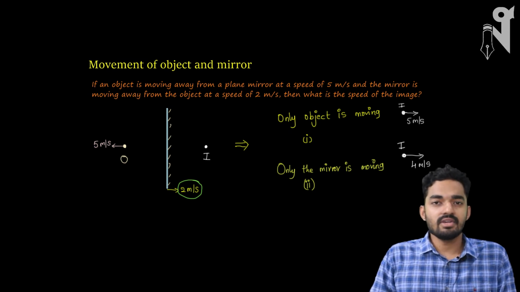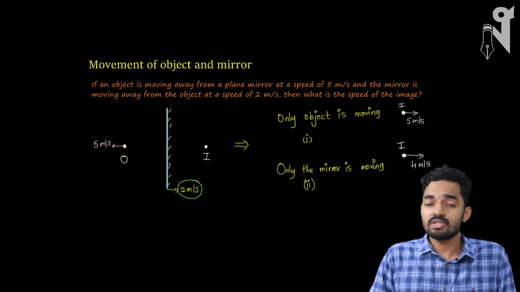So what we have done is we have broken down this problem into two parts. In the first part, only the object is moving, the mirror is at rest. So if the object is moving at a speed of 5 meters per second towards left, then the image should move at a speed of 5 meters per second but towards right. And in the second part, I've assumed that only the mirror is moving and the object is at rest.